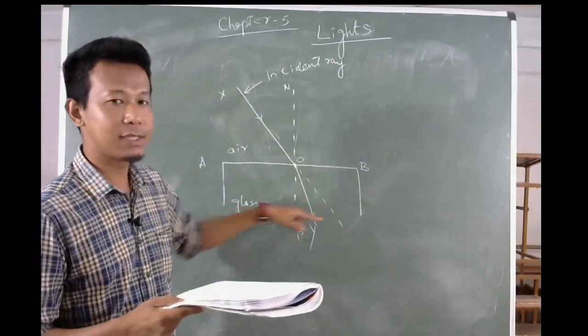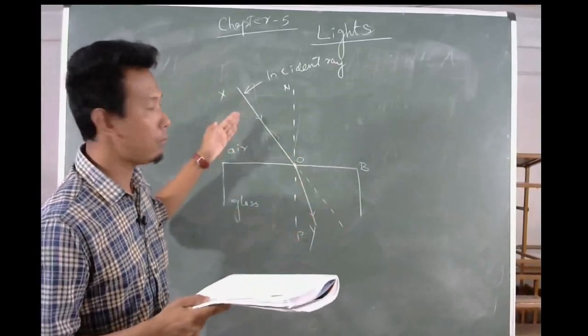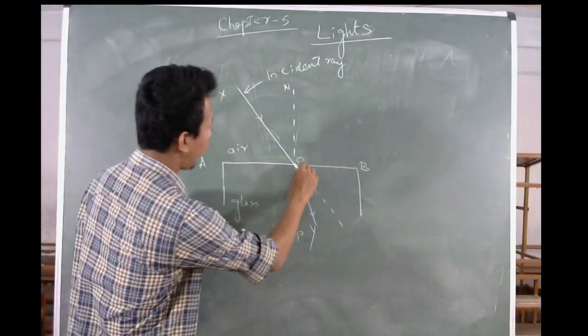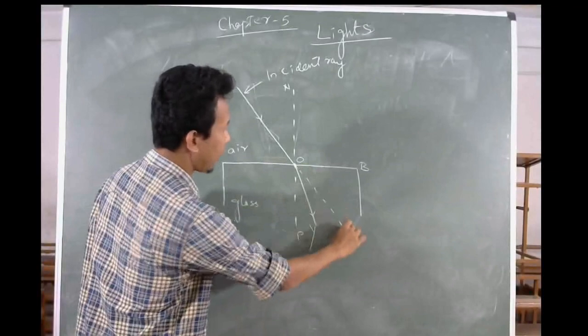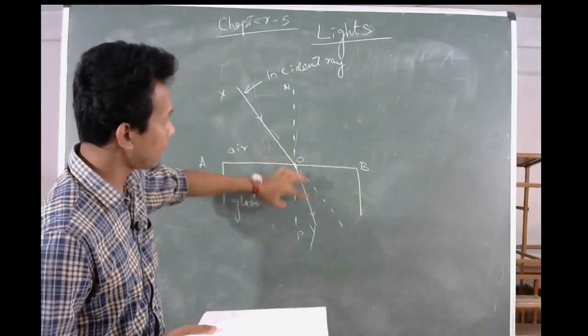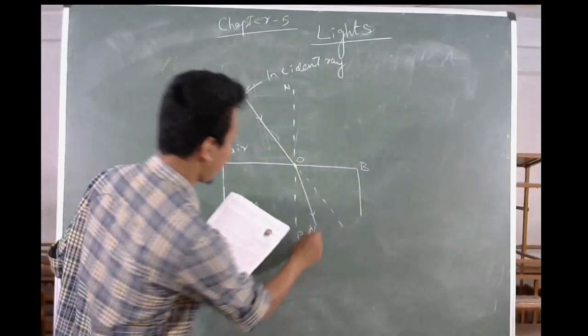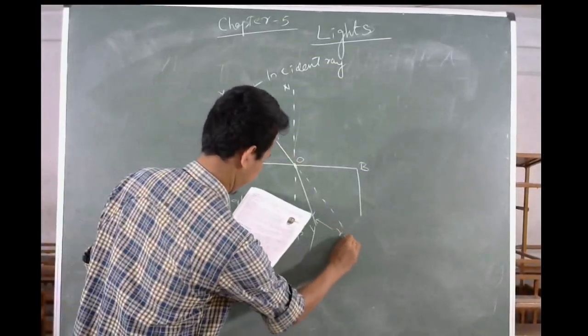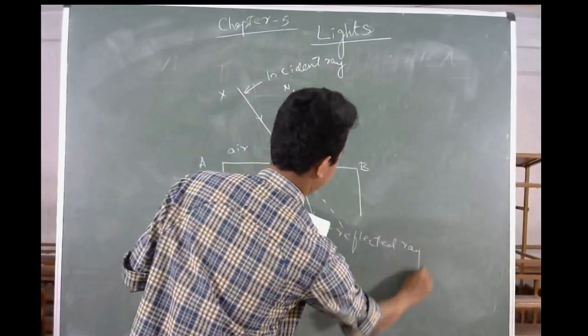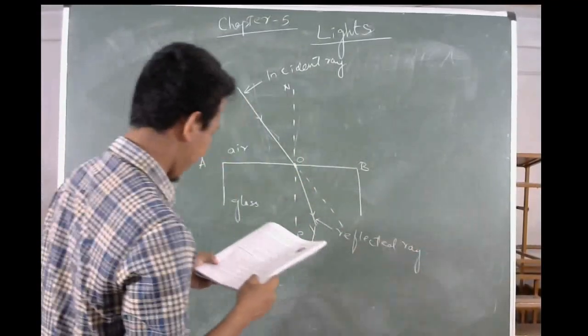It will get deviated when it is traveling from one medium to another medium. This dotted line is supposed to be the original path of the light, but it gets deviated. This is known as the refracted ray.